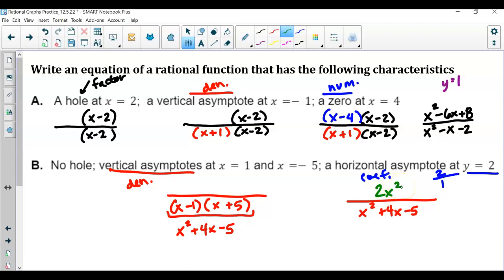And you know what? I'll leave it, because then this could be an example. Now, could there be others? Absolutely. But this shows a horizontal asymptote of 2 with the 2 vertical asymptotes at 1 and -5.